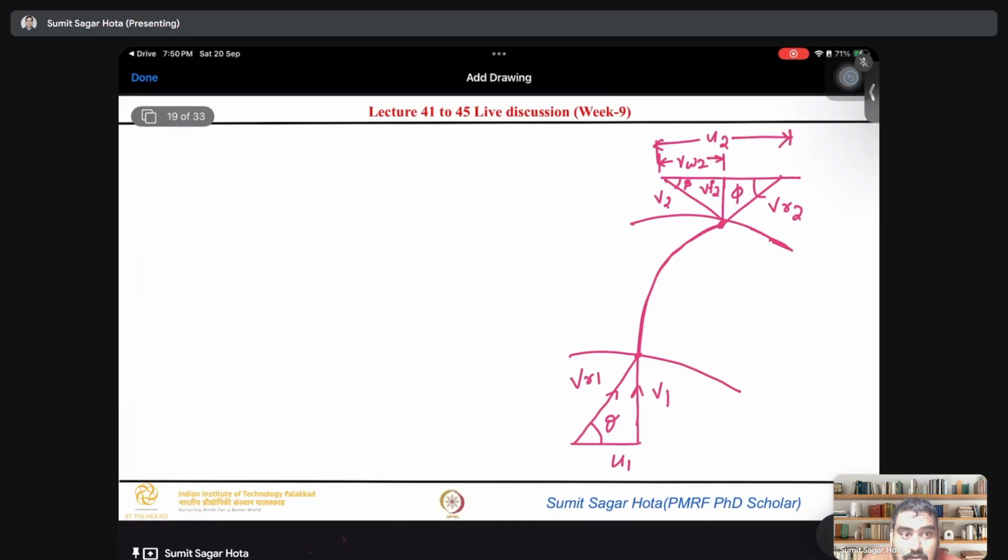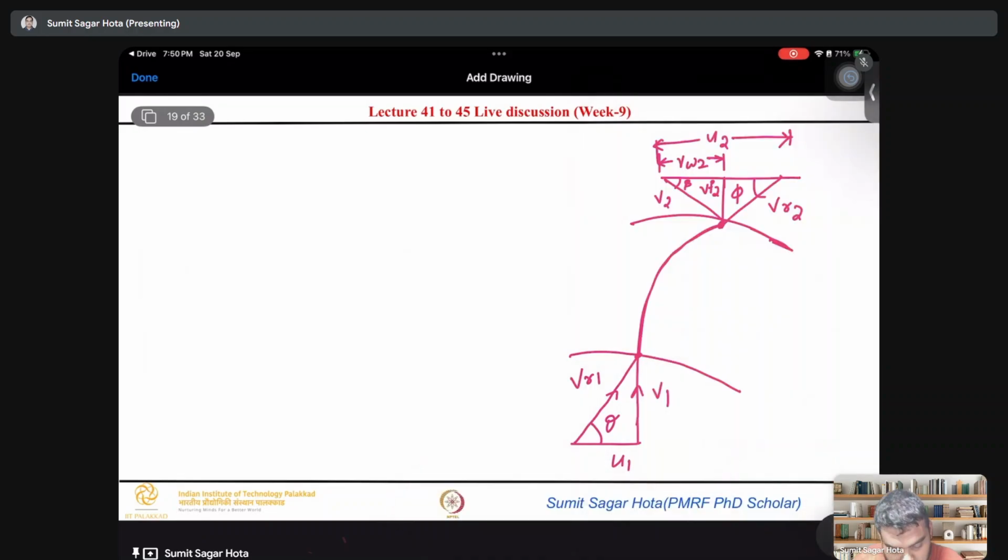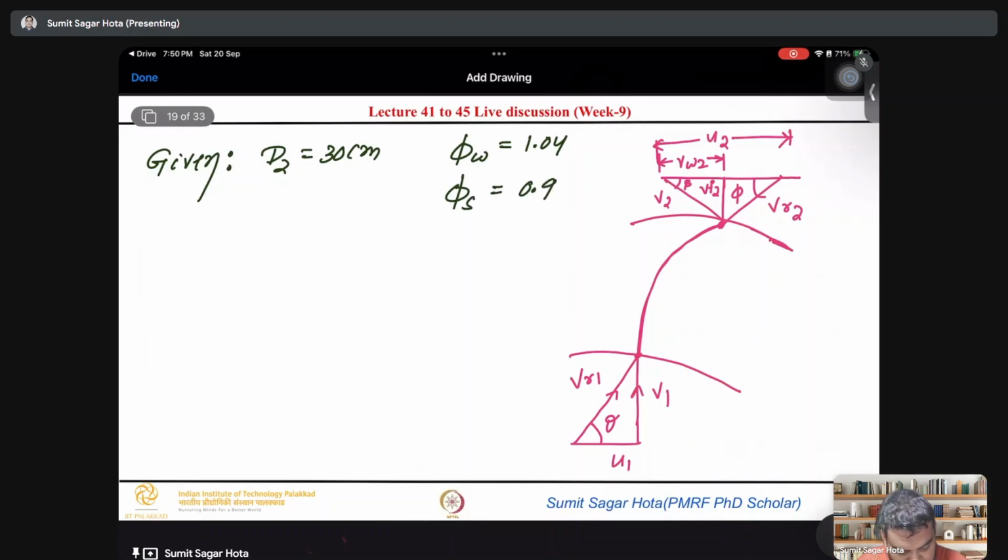Okay, so let's write down what are the things given. D2 is your 30 centimeter, psi W is 1.04, psi S is 0.9, and D1 is your 15 centimeter.